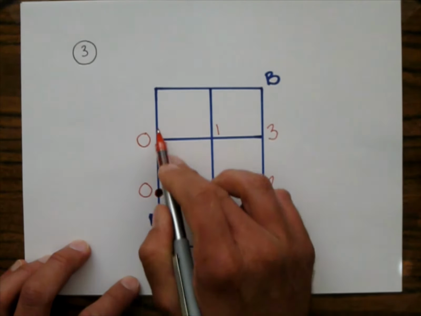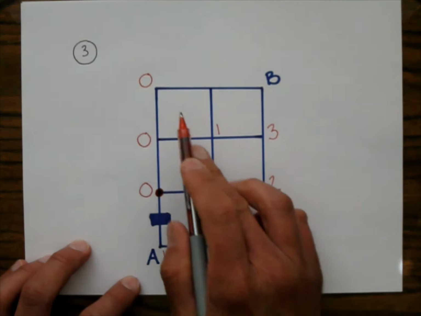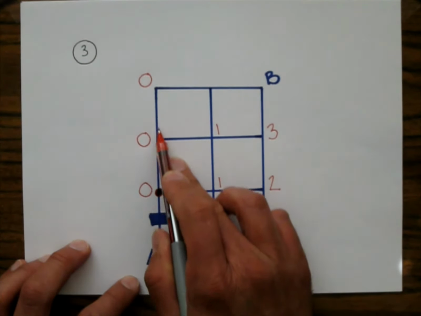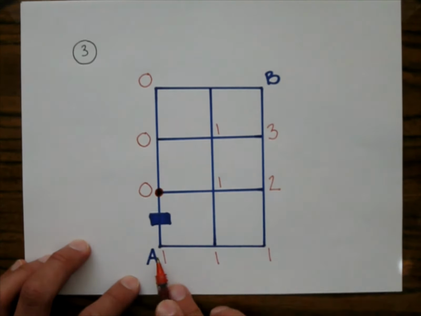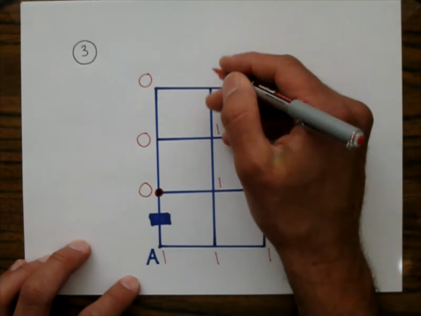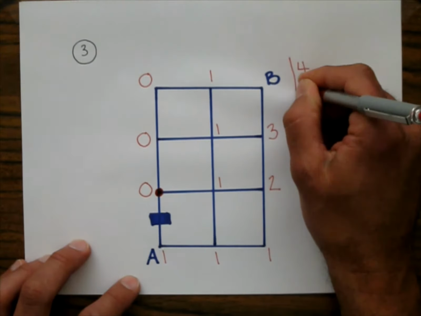And then same thing over here. There has to be a 0 there, and then 0 there. So you should have no business being on this part of the street when you're going from A to B with direct routes. 0 plus 1 is 1, and 1 plus 3 is 4.